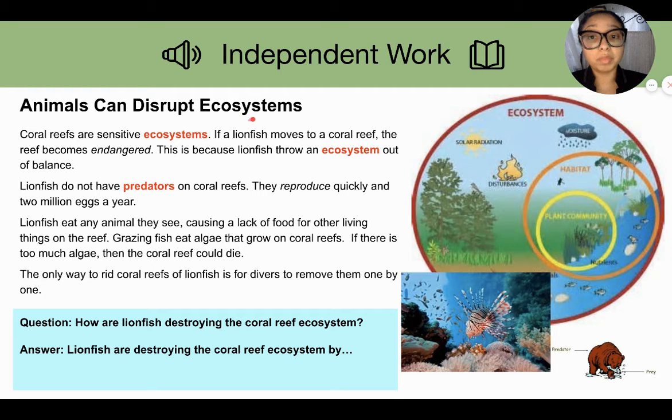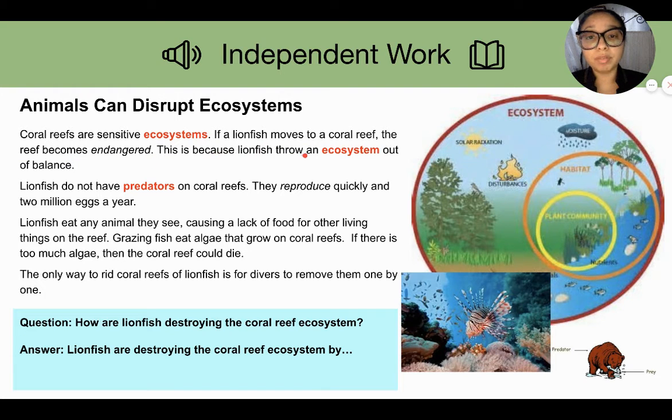Animals can disrupt ecosystems. Coral reefs are sensitive ecosystems. If a lionfish moves to a coral reef, the reef becomes endangered.